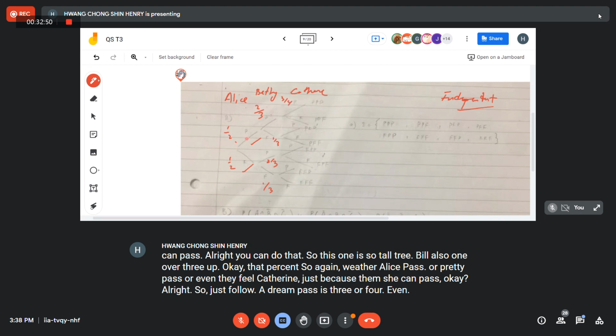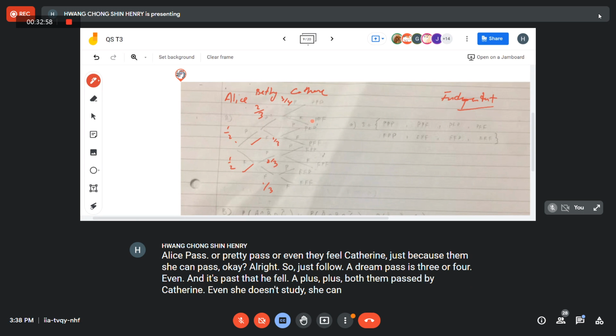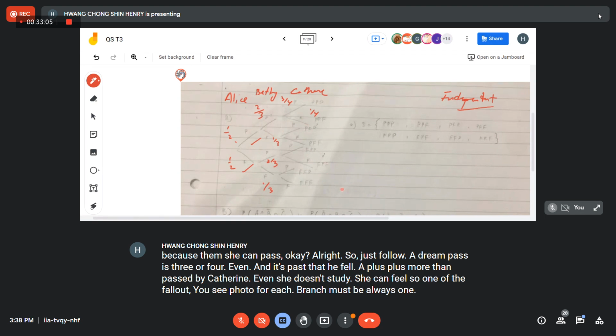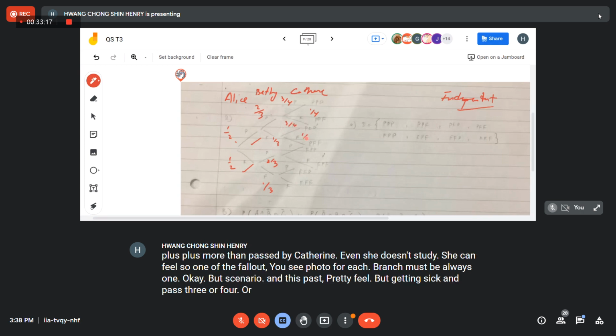Even Alice pass, Betty fail, pass, both of them pass, but Catherine, if then she doesn't study, she can fail also 1 over 4 lah. You see, total for each branch must be always 1. Okay. The third scenario, Alice pass, Betty fail, but Catherine still can pass 3 over 4, or fail 1 over 4.